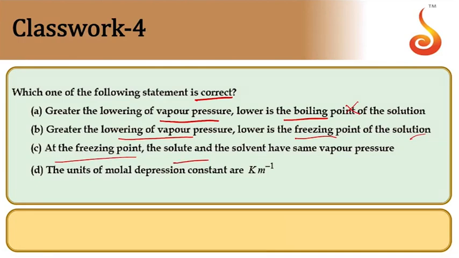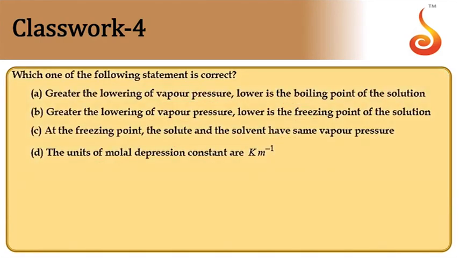At a freezing point, the solute and solvent will have the same vapor pressure, which is not correct. Units of molar depression constant will be Kelvin kilogram mole inverse, but not Kelvin per mole. So the answer is greater the lowering of vapor pressure, lower the freezing point of solution. So option B is the answer.